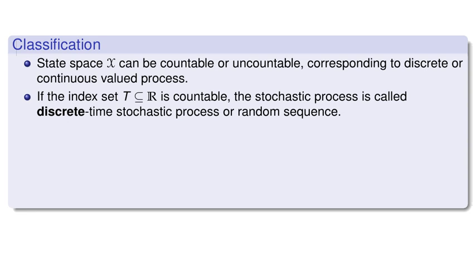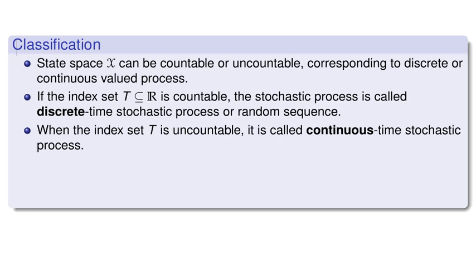If the index set T, which is a subset of R, is countable like the natural numbers or integers, the stochastic process is called a discrete time stochastic process or a random sequence. When the index set T is uncountable like an interval of real numbers, it is called a continuous time stochastic process.